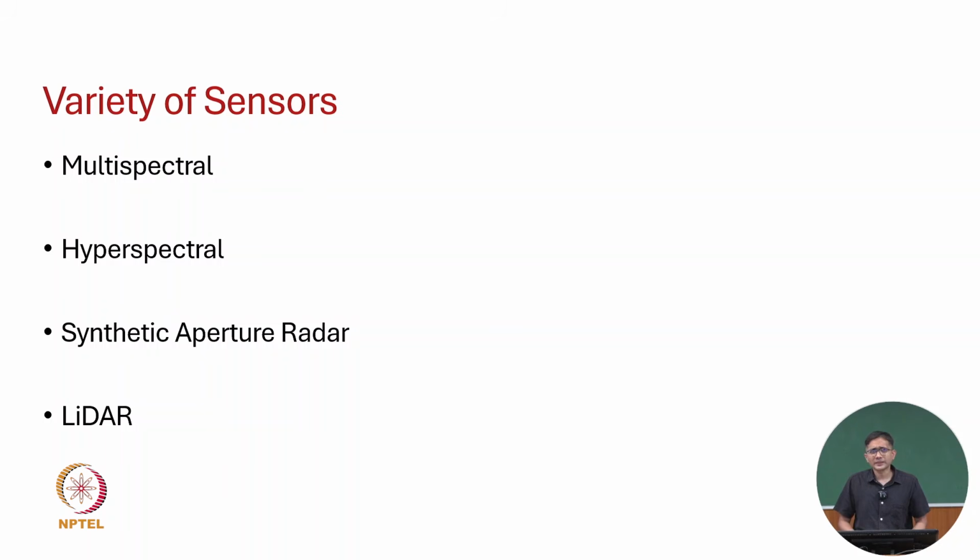However, from time to time, we'll keep taking examples with respect to the other two sensors that I mentioned. And most importantly, 2 weeks, that is 1 week each, is reserved for hyperspectral, and SAR. However, here let me also emphasize that here we are just talking about this variety of sensors. However, within each sensor itself, there can be significant variation of data, significant variation of the sensor characteristics, and accordingly, the data that we acquire can vary significantly.